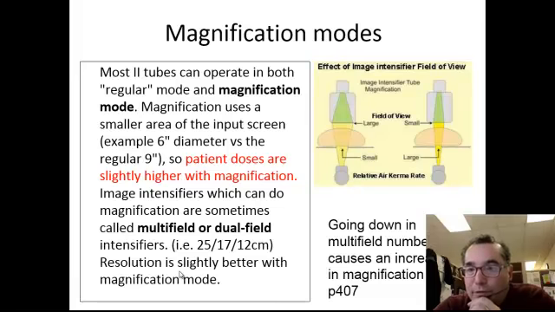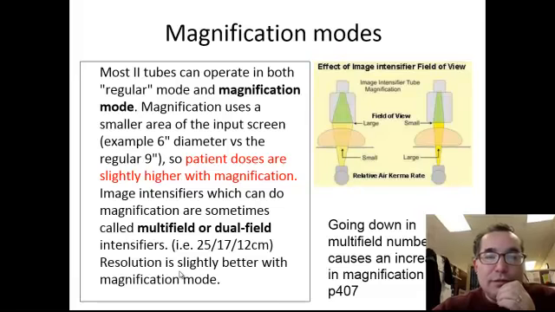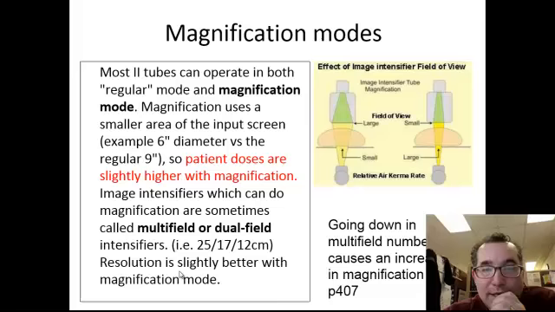Now your fluoroscopic unit also has some magnification modes, right? They can operate in either what's known as a regular mode or a magnification mode. And the magnification mode uses a smaller area of the input screen, so let's say a 6-inch diameter versus a 9-inch diameter.